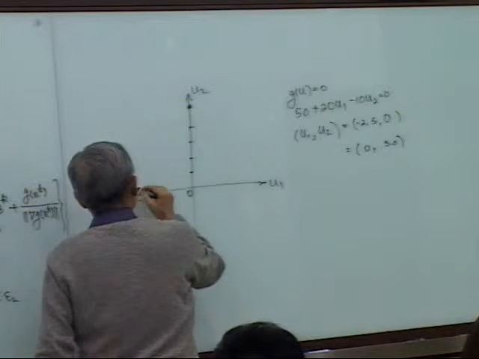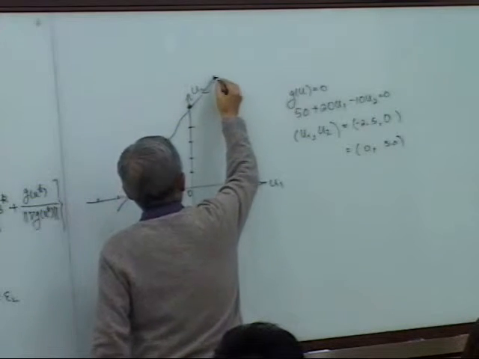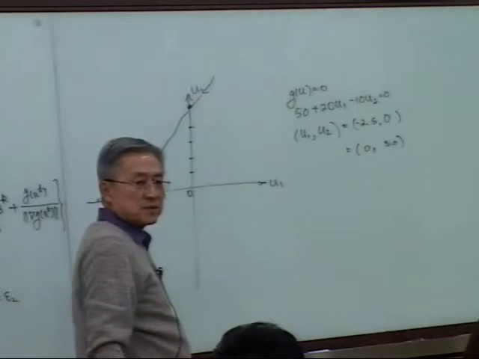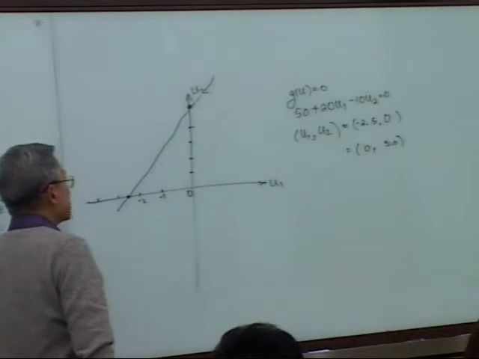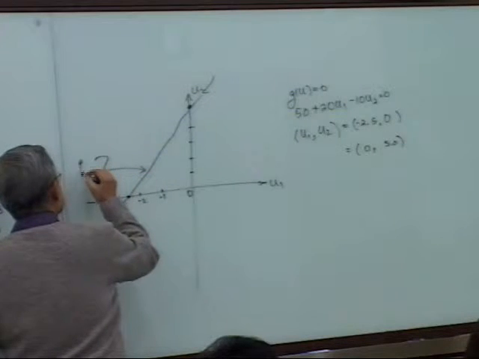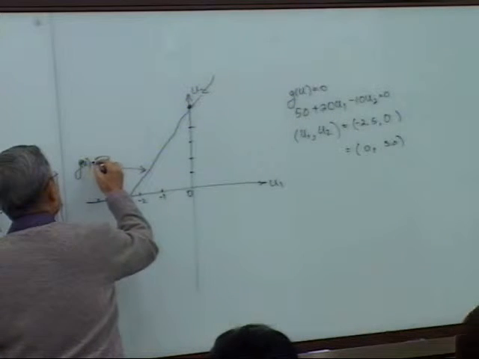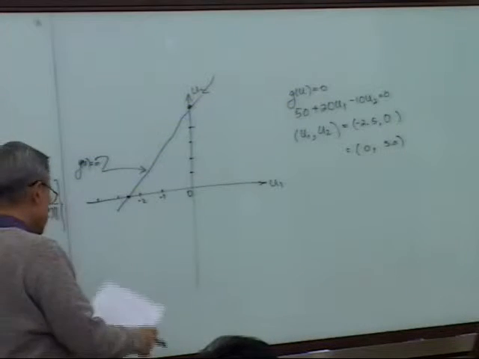So you draw it; the performance function is a straight line. In this case it doesn't have to be a straight line; it usually generates the failure surface. This is g(u) equal to 0.